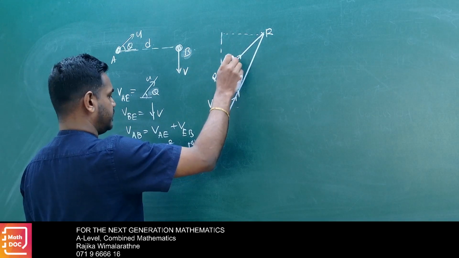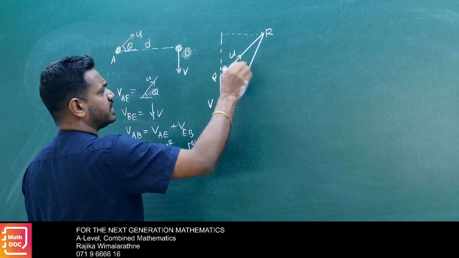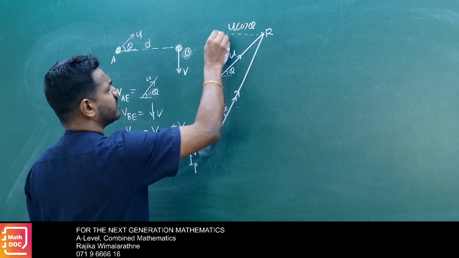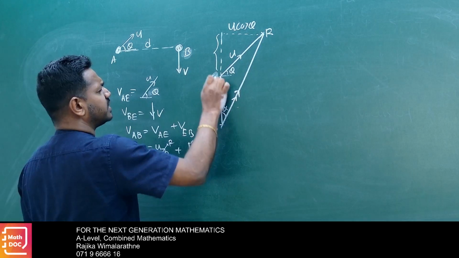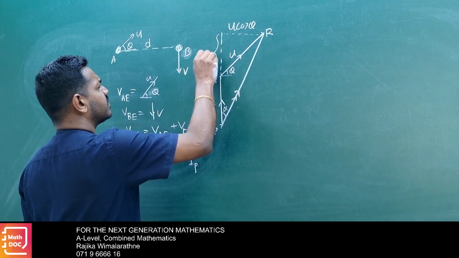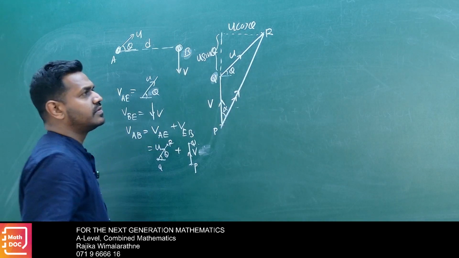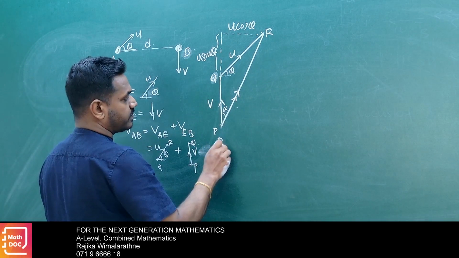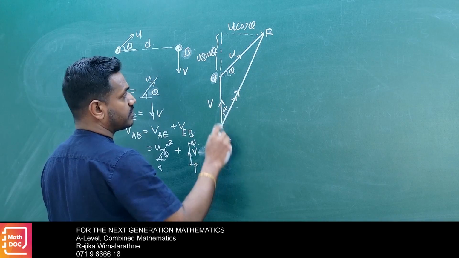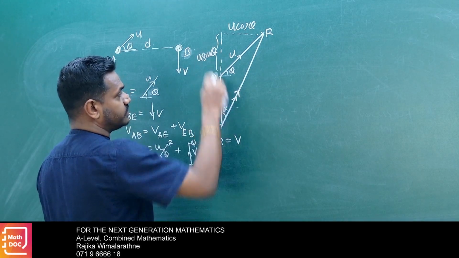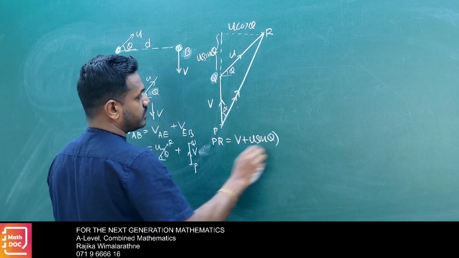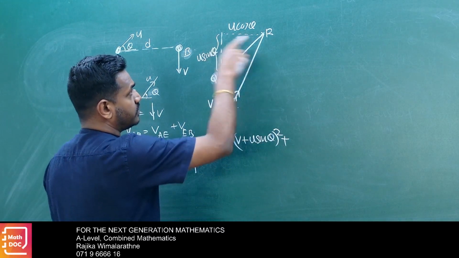Here this is V, and this is U. Then resolve: U cos theta, U sin theta. Then find PR: V plus U sin theta, and U cos theta.